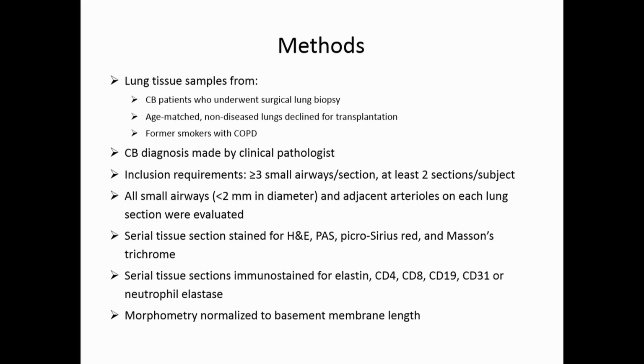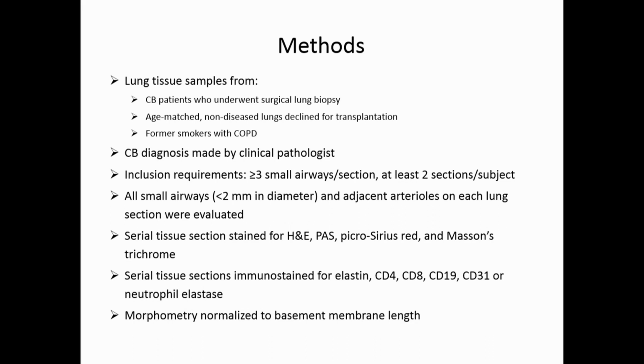I'll show you a little bit of data as we go along about some former smokers with COPD, both mild to moderate and then some more severe phenotypes of COPD. I'll use that as a comparison, but the main study here is comparing the control subjects and the constrictive bronchiolitis patients. The diagnosis of constrictive bronchiolitis was made by a clinical pathologist, and oftentimes two of our pathologists at Vanderbilt had reviewed these to make the clinical diagnosis.